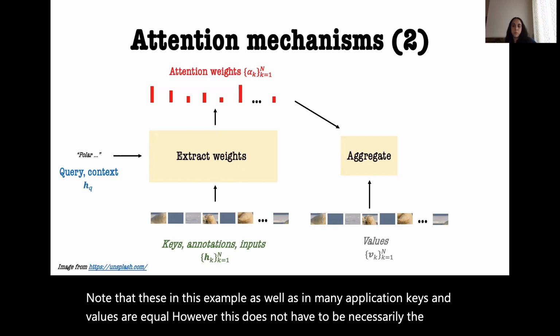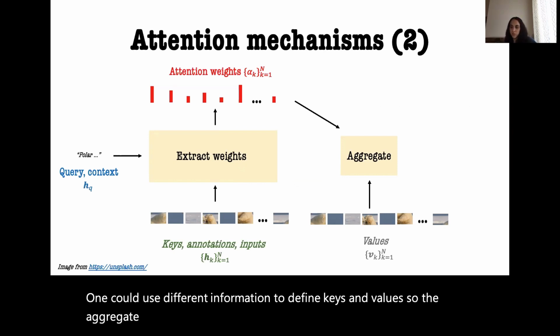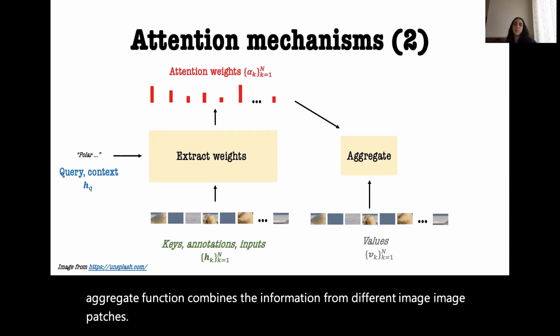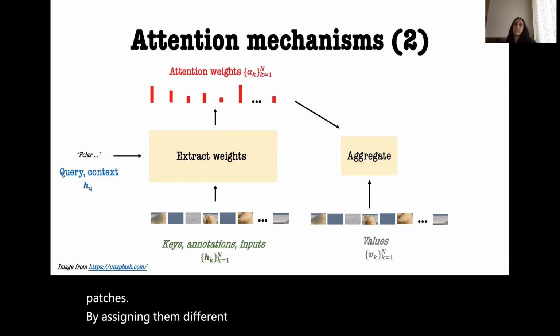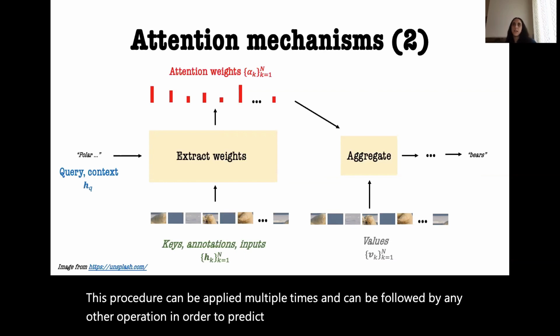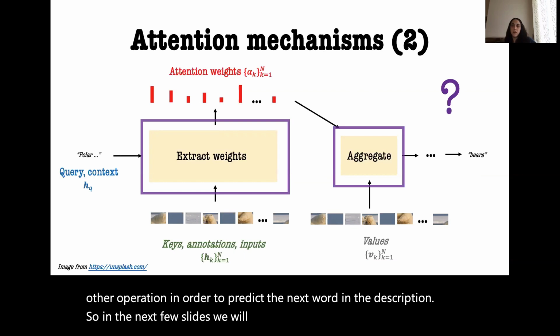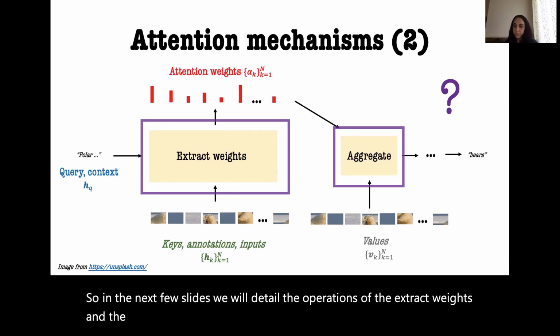One could use different information to define keys and values. The aggregate function combines the information from different image patches by assigning them different weights, and so different levels of importance. This procedure can be applied multiple times and can be followed by any other operation in order to predict the next word in the description. In the next few slides, we will detail the operations of the extract weights and the aggregate function.